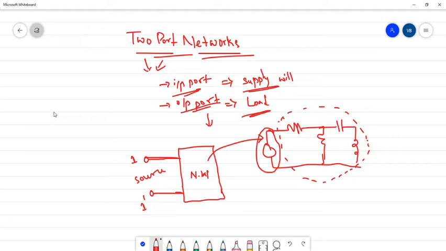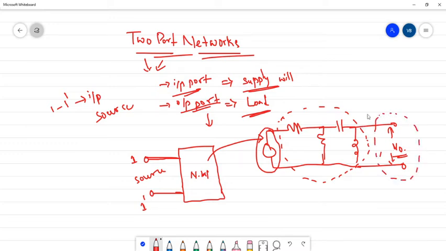Here 1 bar acts like an input port connected to the source. In the same way, from here I am going to take the output. Whatever the V naught or I naught I mention here, we need to calculate the V naught. So these are called ports connected at the output side.